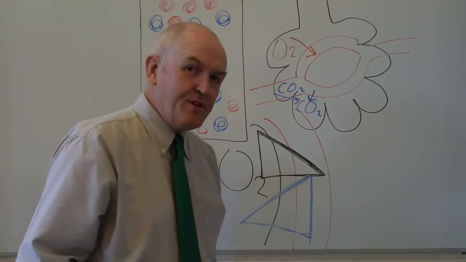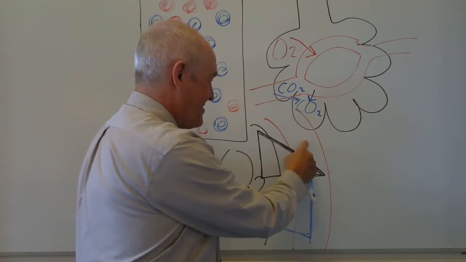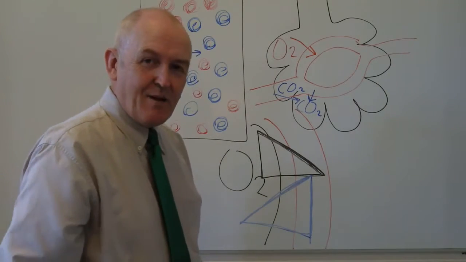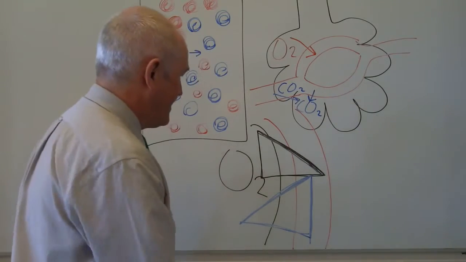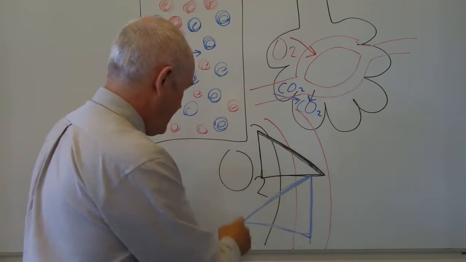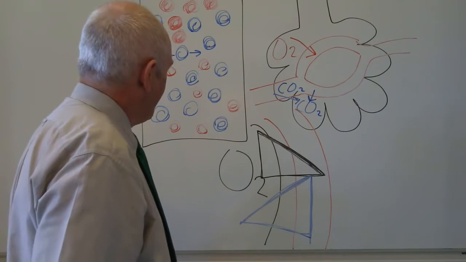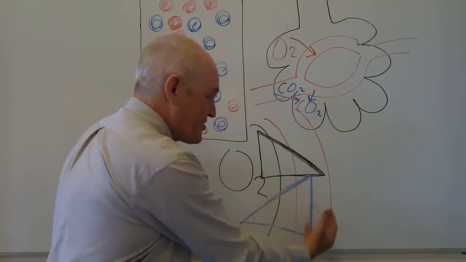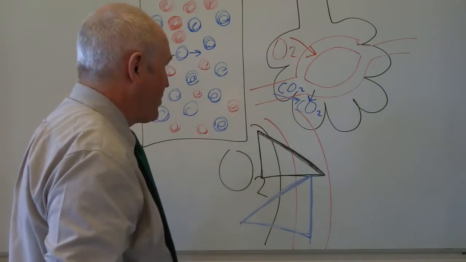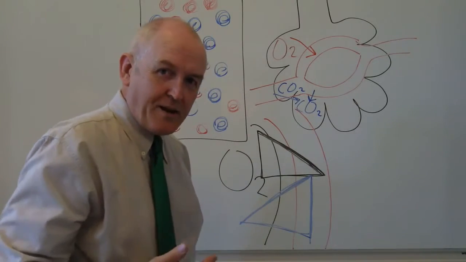So the oxygen is diffusing down a diffusion gradient from the alveoli to the blood, and the carbon dioxide is diffusing down its diffusion gradient from the blood into the alveoli, where it can be exhaled. But of course, because the blood is constantly circulating, equilibrium is not reached, and this process is ongoing.